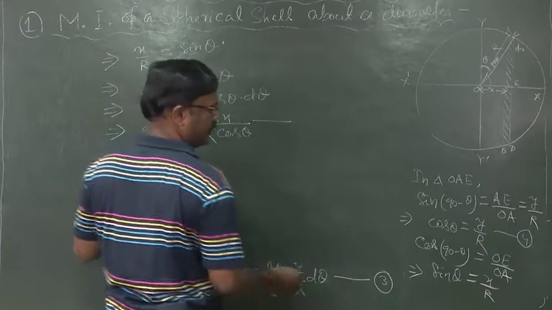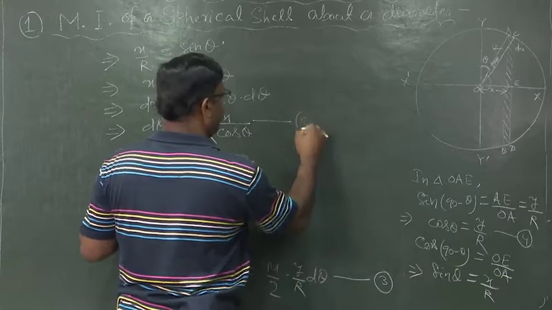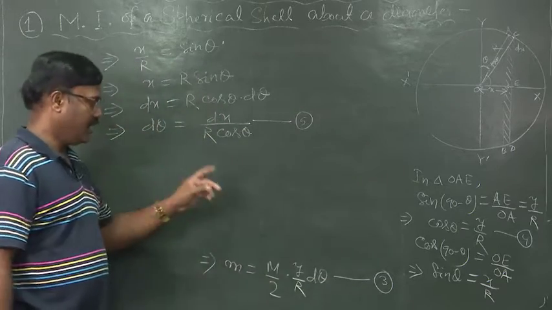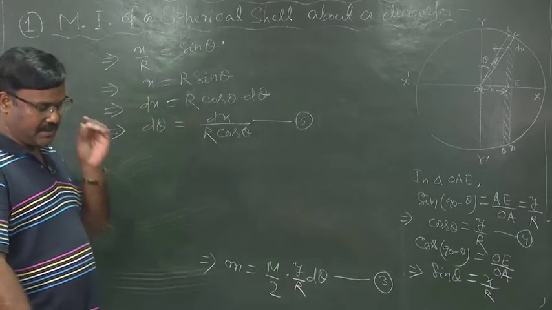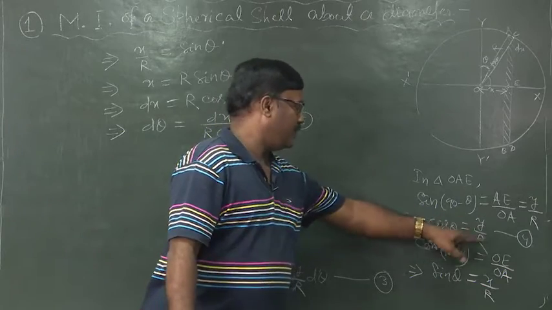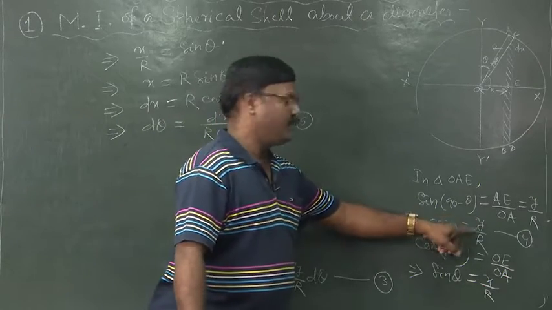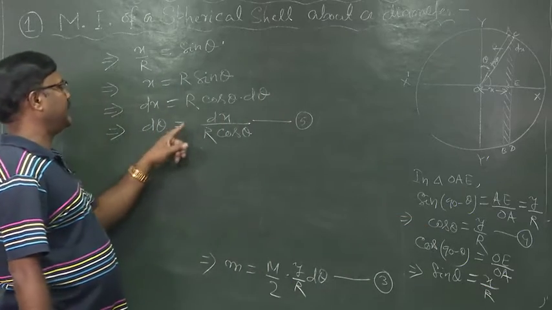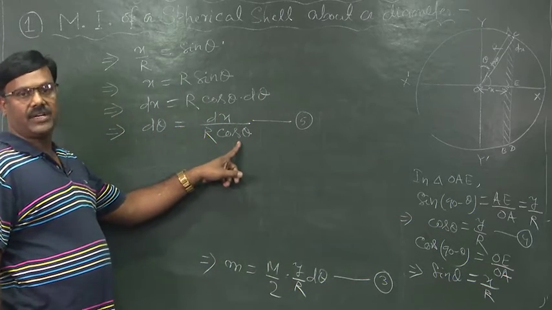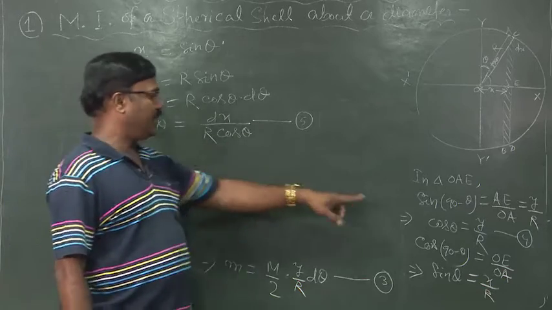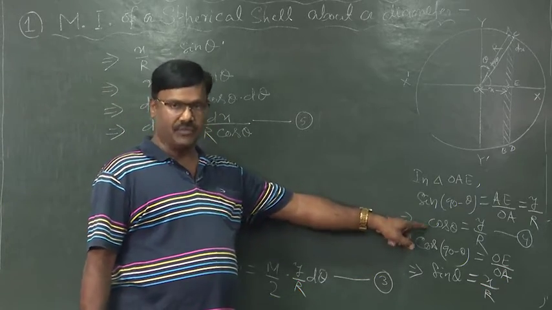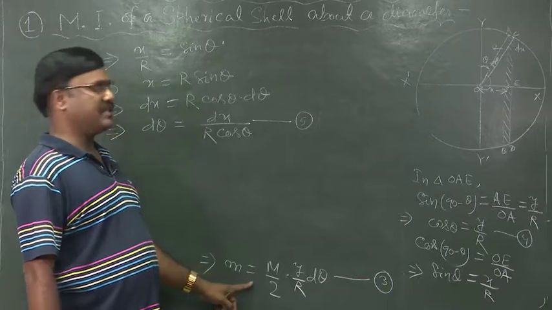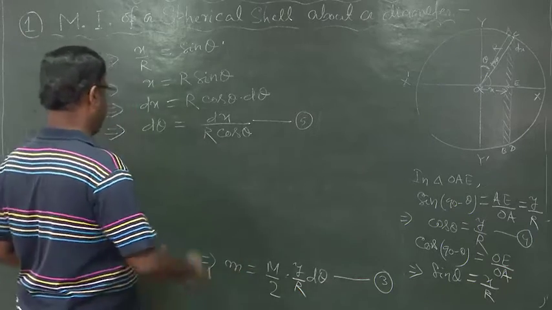This is equation 5. Here we have got cos theta is equal to y by r, so in place of y by r we can write cos theta, and d theta is equal to dx by r cos theta. Now putting the values of equation 4 and 5 in equation 3, we can write.